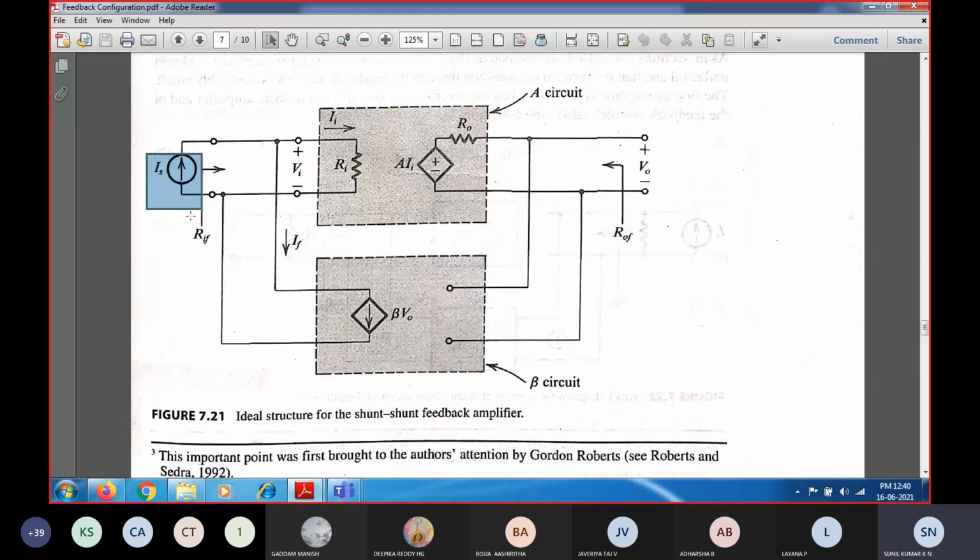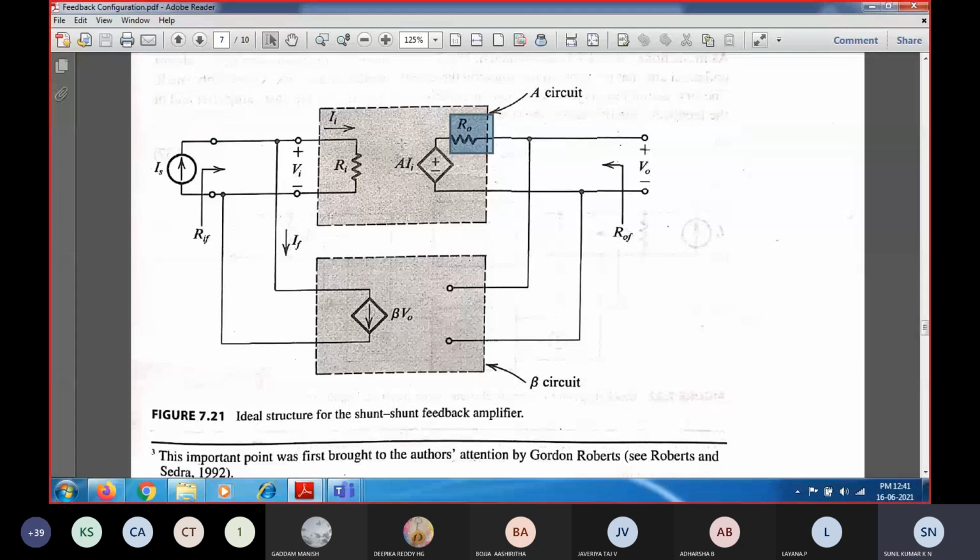The current source acts as the input, and the error voltage across the input side is Vi. Ri is the input resistance of the amplifier, and R naught is the output resistance.